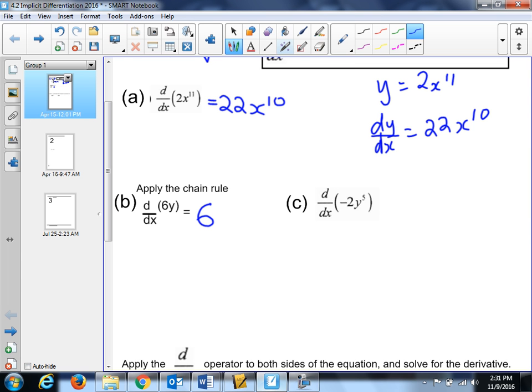We'd have to do the derivative of the inside, or the y expression. The y expression could be x squared plus 5. It could be x. So we just say the derivative of the y expression. Until you find out anything further about what the y expression is, that's all you can say.